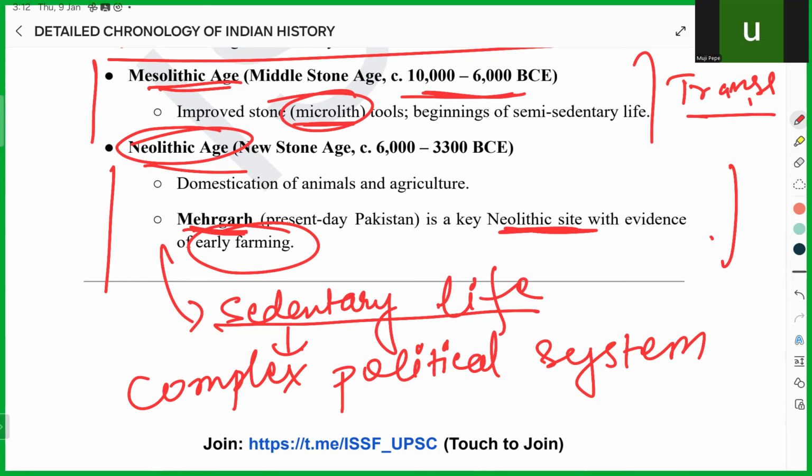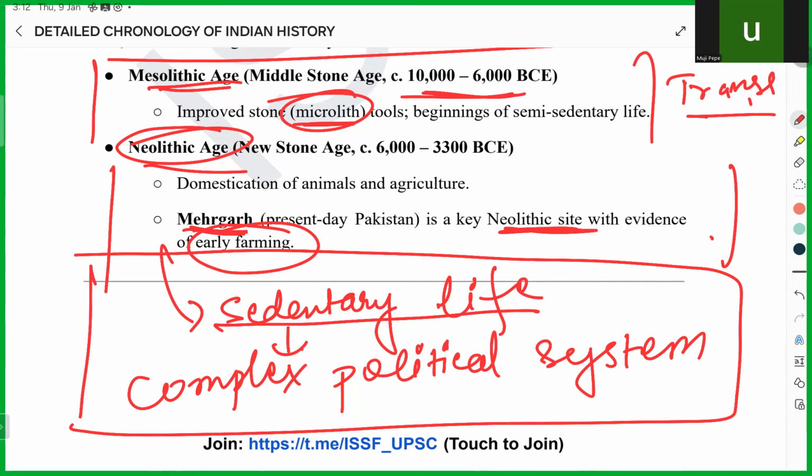Because of agriculture, these things became possible. All the Gupta period, Maurya period, Magadha period, the Chalukyas, the Cholas, the Delhi Sultanate, the Mughal Empire, it was made possible because of only and only one thing, that is sedentary lifestyle due to the introduction of agriculture.